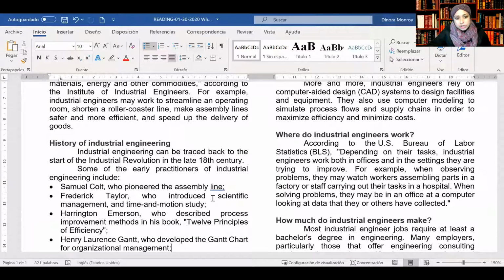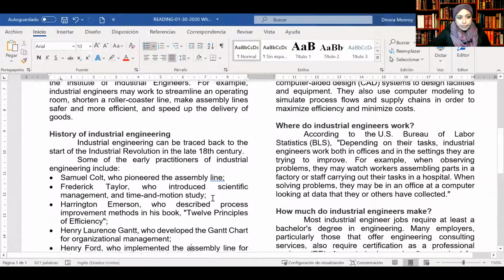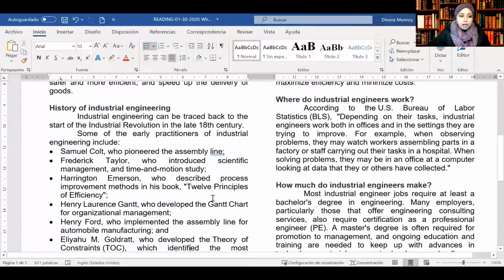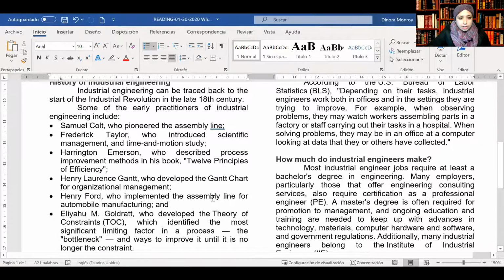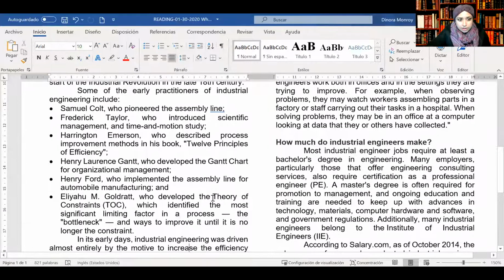Some of the early practitioners of industrial engineers include Samuel Colt, who pioneered the assembly line, Frederick Taylor, who introduced scientific management and time and motion study, Harrington Emerson, who described process improvement methods in his book, 12 Principles of Efficiency, Henry Lawrence Gantt, who developed the Gantt chart for organizational management, Henry Ford, who implemented the assembly line for automobile manufacturing, and Elia Goldratt, who developed the theory of constraints, TOC, which identified the most significant limiting factor in a process, the bottleneck, and ways to improve it until it is no longer the constraint.